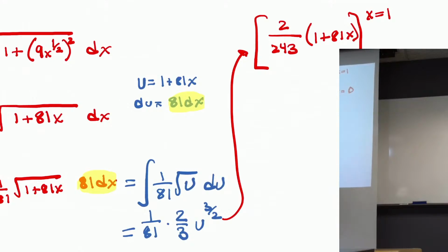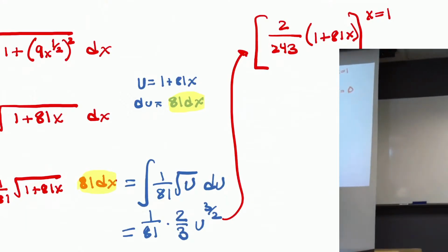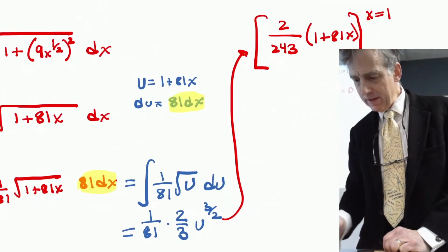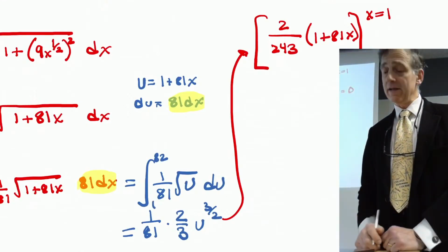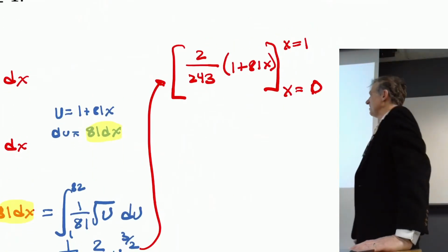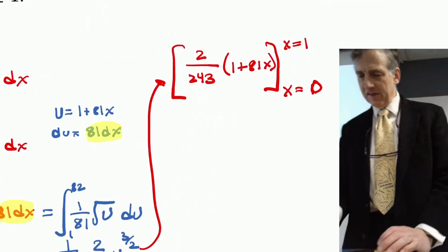The key is that if you change to u, then you should never go back to x. You should plug in your values of u. Specifically, when x equals 0, u equals 1. When x equals 1, u equals 82. I know we've talked about this before, but just in case. This seems to be preferable. Okay, let's go ahead and plug these things in.